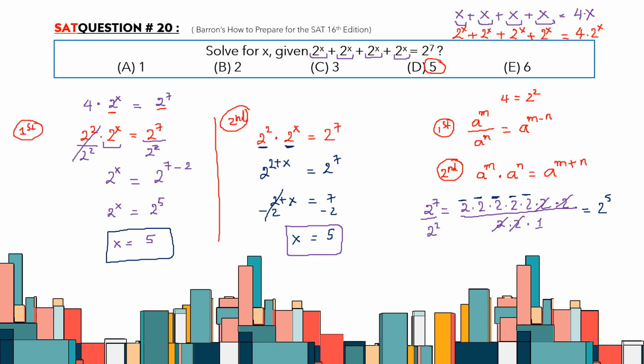Okay? So how about the second one? Let's explain the second one. So we have 2 to the power of 2, right? If we multiply by 2 to the power of 5 in this case, 2 to the power of 2, you have 2 factors of 2. Then you multiply 5 more factors of 2.